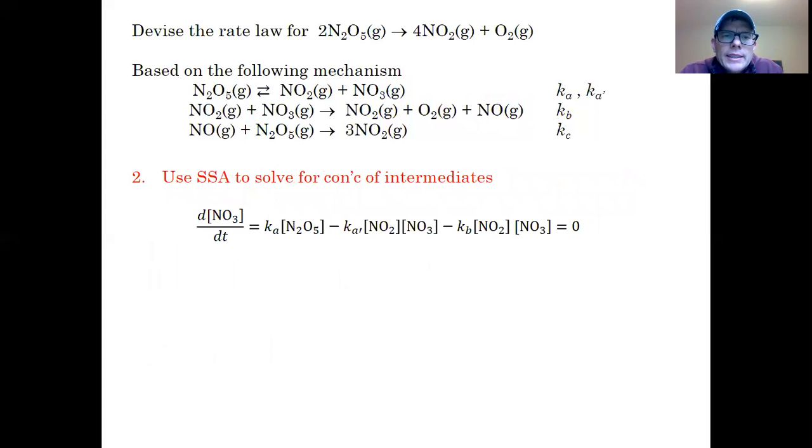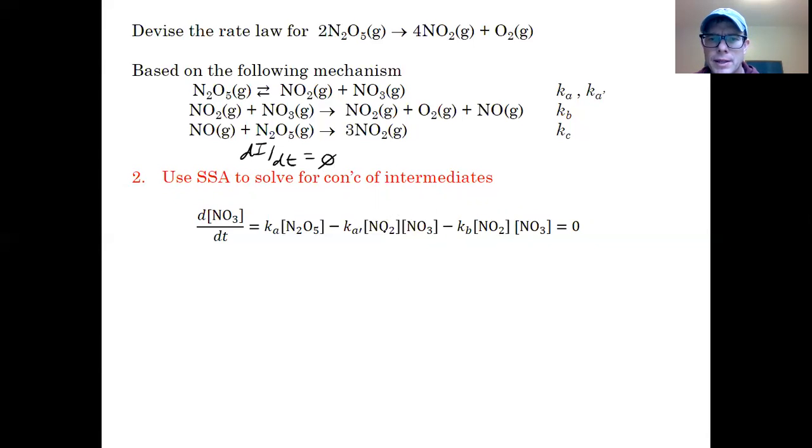Step two is to use the steady state approximation to solve for the concentration of intermediates. Remember that in the steady state approximation, we say d[I]/dt equals 0. So I can take my expression for the intermediate NO3 and set it equal to 0. I then solve this for NO3.